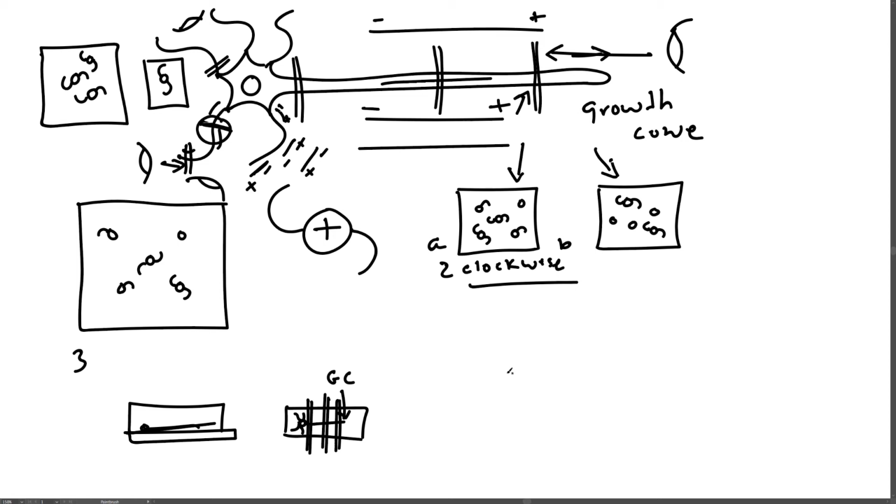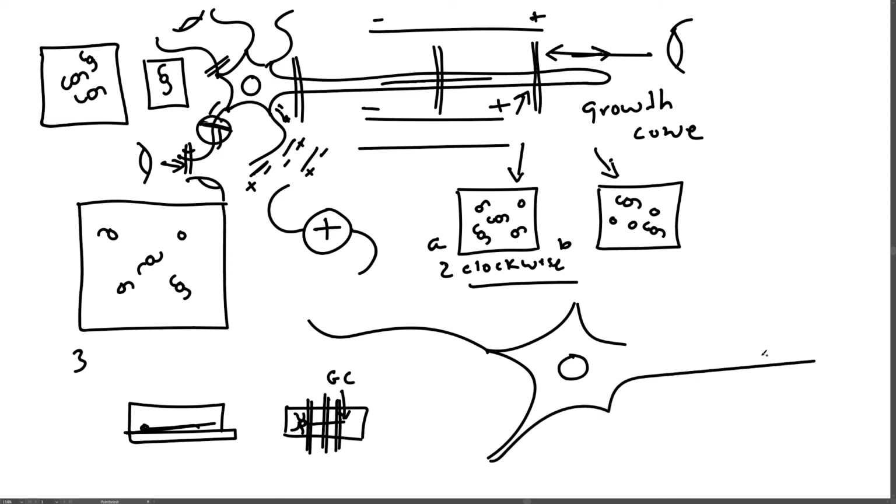Okay, so let's just draw another image down here. We'll try to make it a little bigger. So we have a dendrite like this, and then we have our nucleus and our axon. Okay? So we have microtubules in the axon, and the orientation of the microtubule is such that the plus end faces the growth cone, or the synapse, and the minus end faces the cell body.